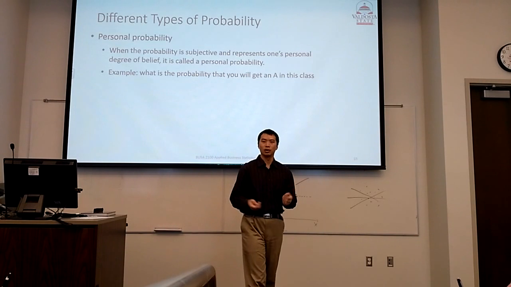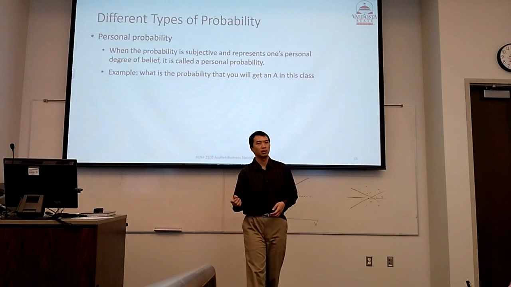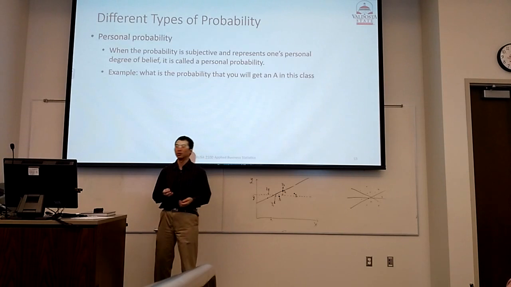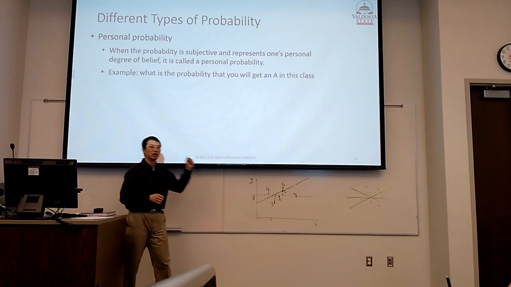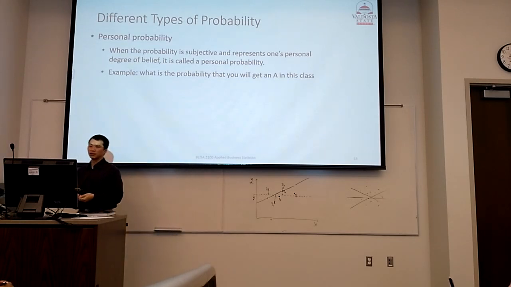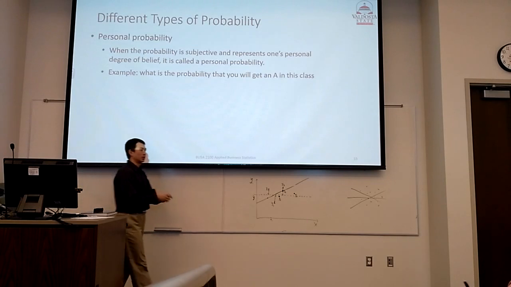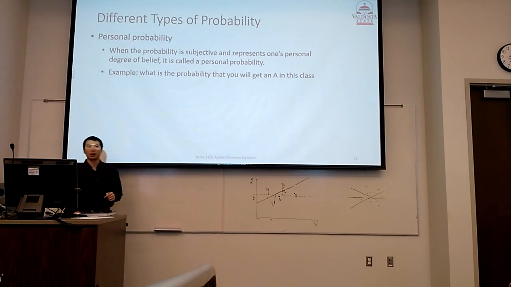Then if I ask you what's the probability you think it will rain today, you say probably 40%. That's your personal probability, because it describes a degree of belief. So there are 3 types of probabilities: empirical, model-based or theoretical, and personal probability.